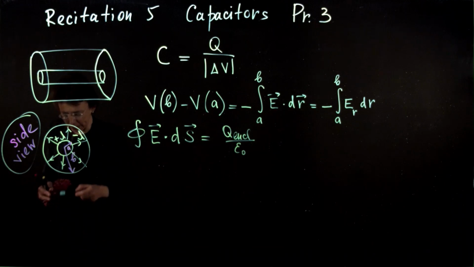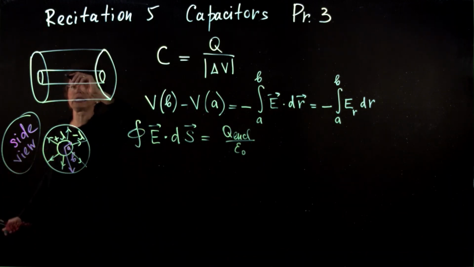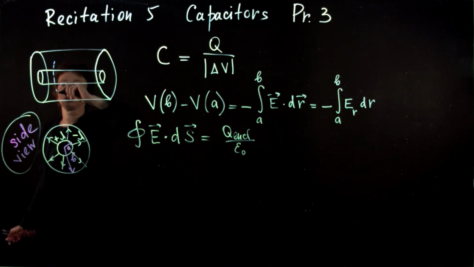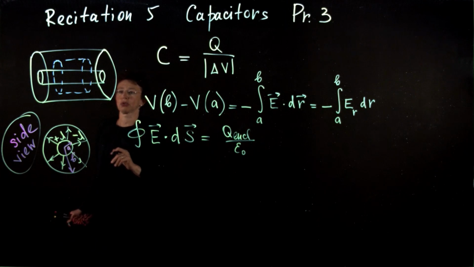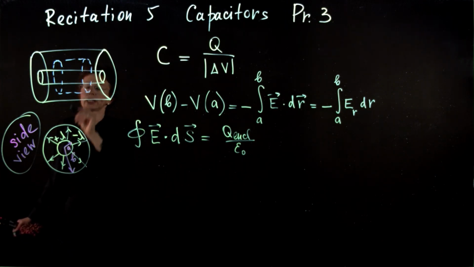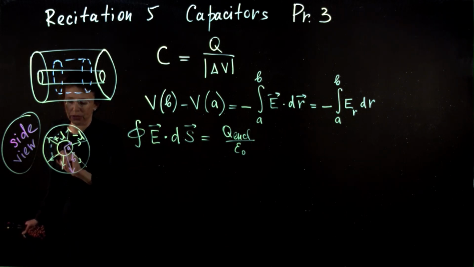So which Gaussian surface will we use? We use cylindrical symmetry, which means that my Gaussian surface will be a cylinder located between these cylindrical shells. So this is my Gaussian surface, or if I use the side view, it is right here.